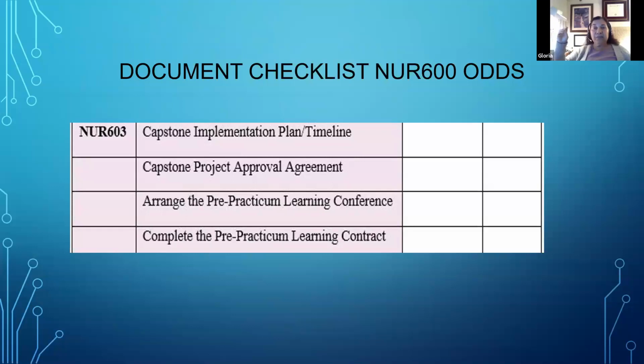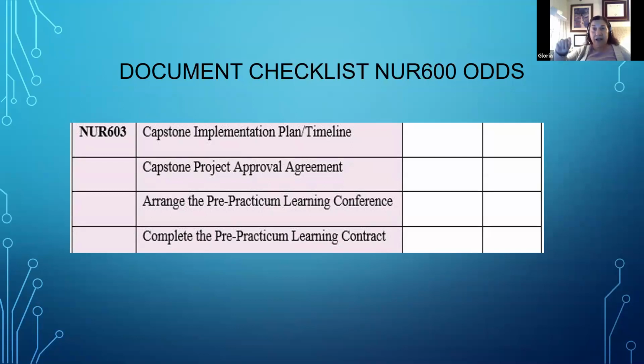And I think maybe when we have our next meeting as a graduate faculty, I'm going to go over the completion of that part of the 600 odds, because I think many faculty either they're not completing it or they don't know what to do with it. But that pre-practicum learning contract needs to be filled out properly.